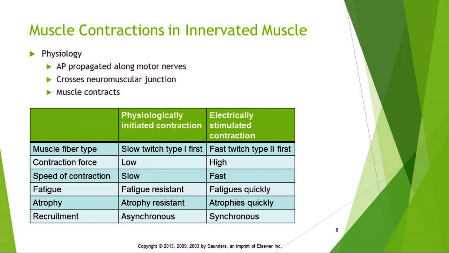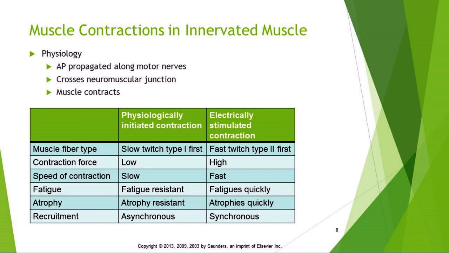That's where the nerve enters the muscle, and the muscle contracts. In a physiologically initiated contraction, usually we get the slow twitch, fatigue-resistant type 1 muscle fibers activated first. With electrically stimulated, we usually get the fast, not as fatigue-resistant type 2 stimulated first.